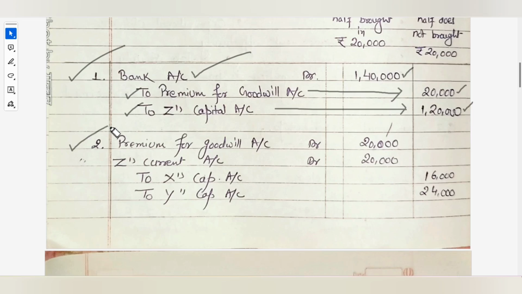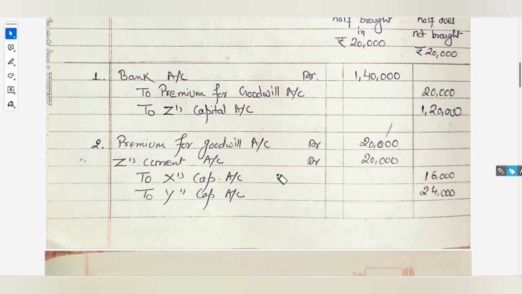Now the next step is to distribute the amount of premium brought in by the new partner. We know that we have to distribute the whole amount of premium. That means we have to distribute 40,000 between the sacrificing partners. But in this question, the new partner has brought only 20,000. That means premium for goodwill, and the amount which the new partner hasn't brought, that means the remaining 20,000, will be debited from his current account, by opening his current account, which will later be closed from his capital account in the firm.